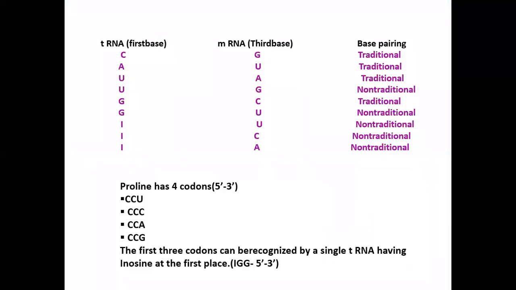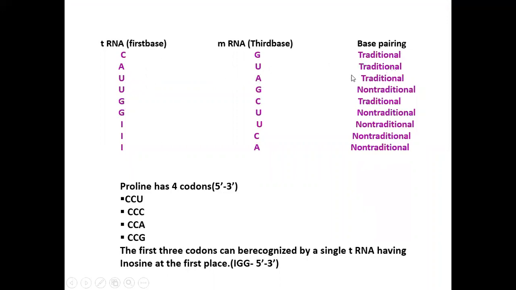So just observe that the tRNA base is the first base and the mRNA base is the third base, and what type of base pairing occurs. C always binds with G, so that is a traditional base pairing. A always binds with U, because in RNA thymine is absent, replaced by uracil, so it is also traditional base pairing.